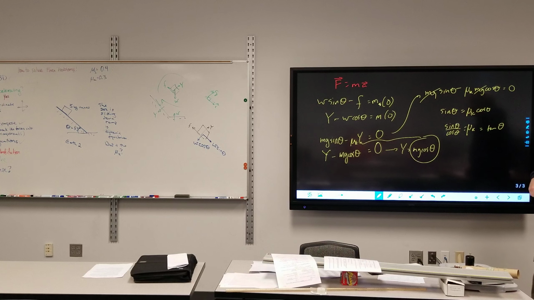So the tangent of 53 degrees would be 1.3, somewhere around there. There's some rounding I did.